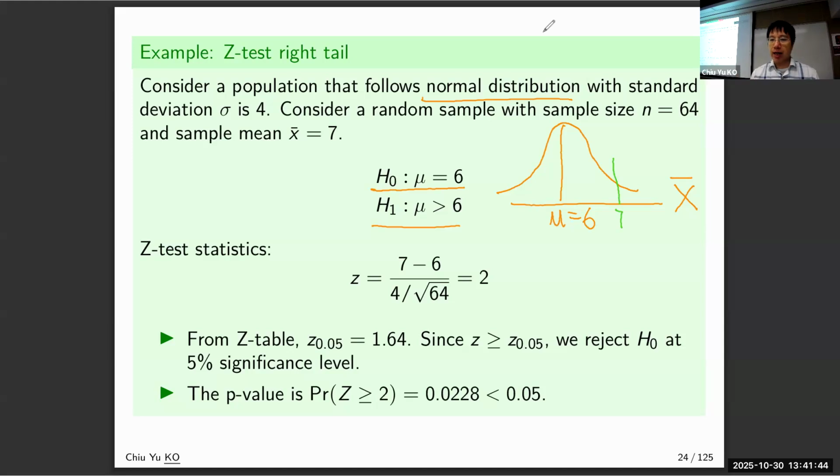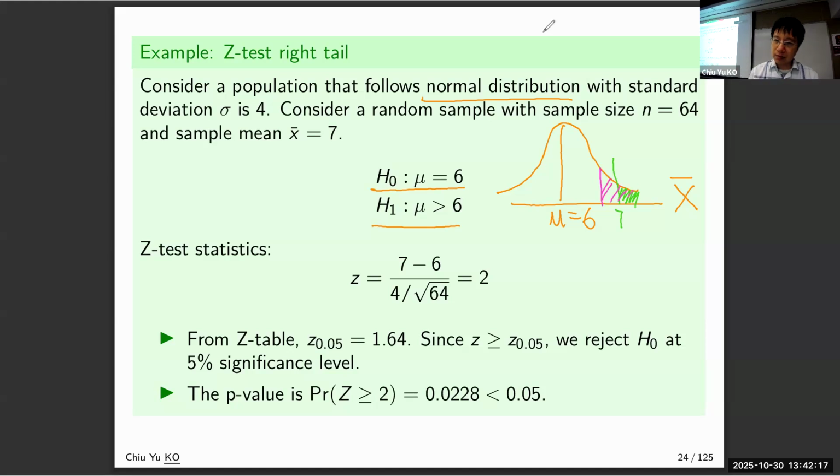By far enough, of course, even if 6 is true, it can end up with 7, because of the bell curve. So we have to decide what tolerance level for the type 1 error we are going to accept. We say this area is less than 5%, so I look at the 5% level.